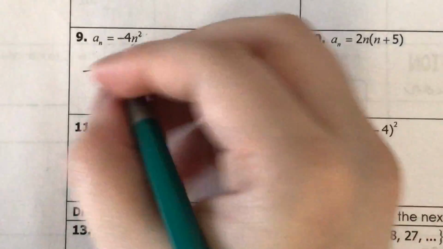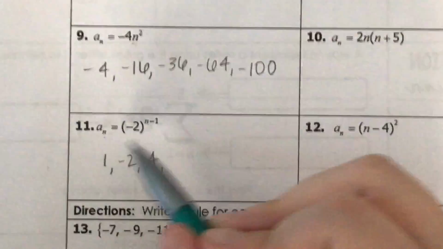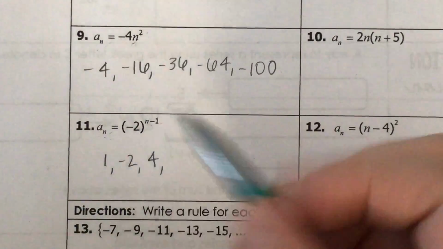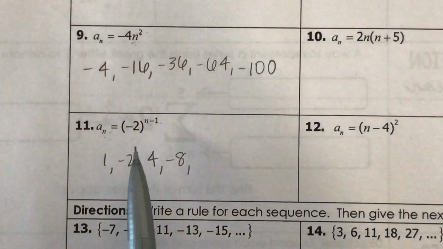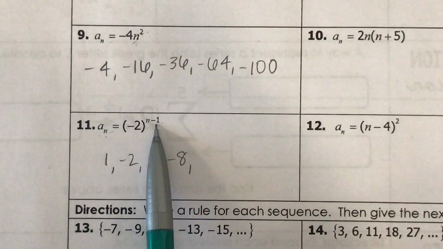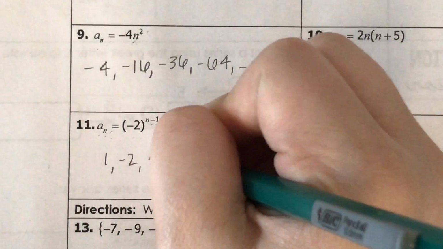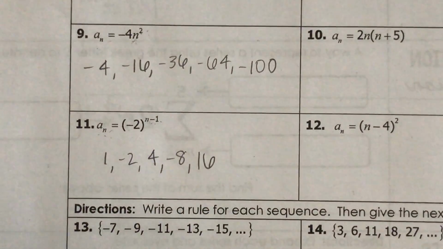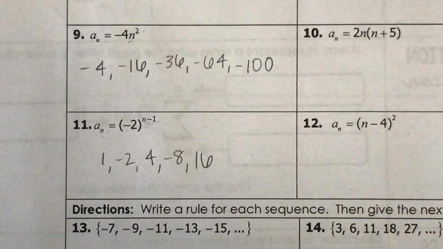Negative 2 squared is a positive 4. Now I plug in 4. 4 minus 1 is 3. Negative 2 cubed is negative 8. Now 5 minus 1 is 4. Negative 2 to the 4th power, well, what's 4 squared? That's 16. So using an explicit formula is actually pretty easy.